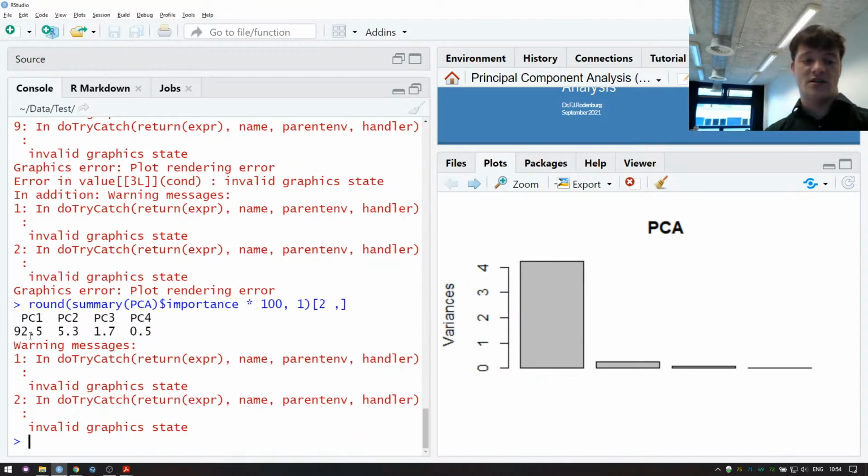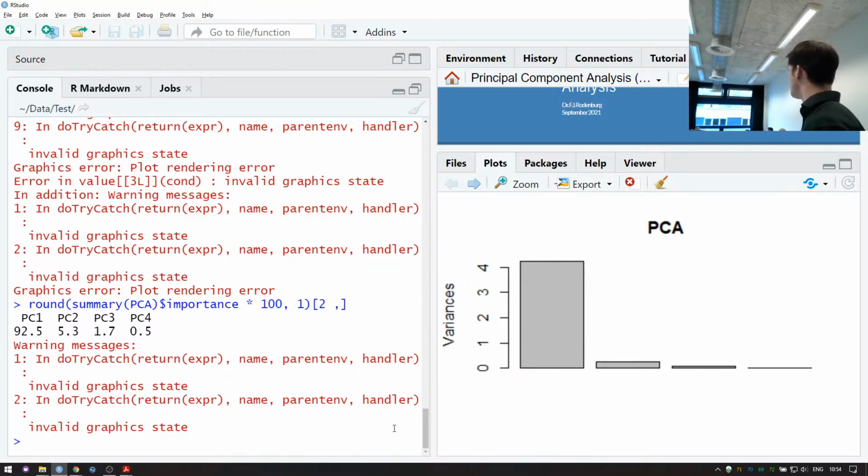The first one explains 92.5%. The last one only 0.5%. So that one adds almost nothing in variance of your data. Why? Because there were two very strongly correlated variables. So you really don't need 4 dimensions to show the variance in this data.